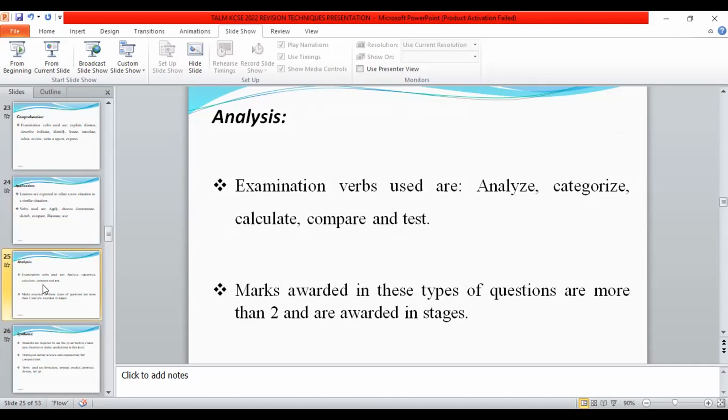But today, you will find that question being set in other papers. And what our candidates fail to understand is that in analysis type of questions, we have marks being awarded in stages, whereby if the first stage is missing, you will find that the candidate is not going to score any mark. So it is important that we emphasize to our candidates that in analysis type of questions, we have marks being awarded in stages.